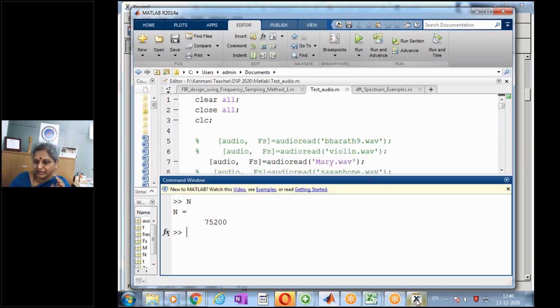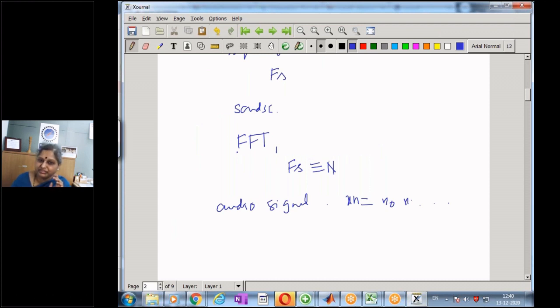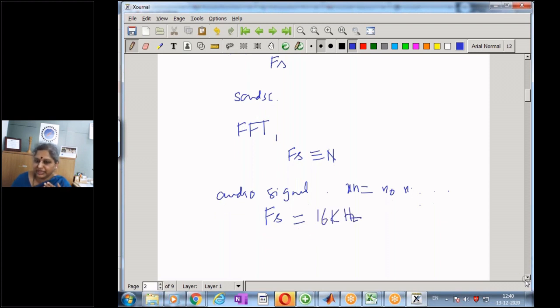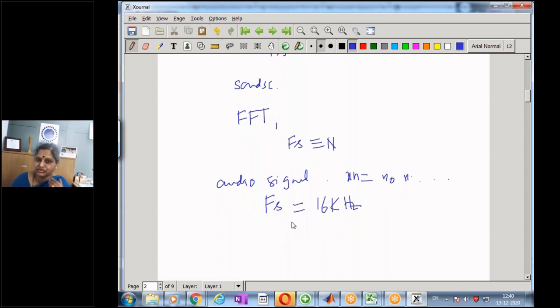So we have 75,000 samples. My sampling frequency fs in this example was 16 kilohertz, and the number of samples I had was almost 75,000.